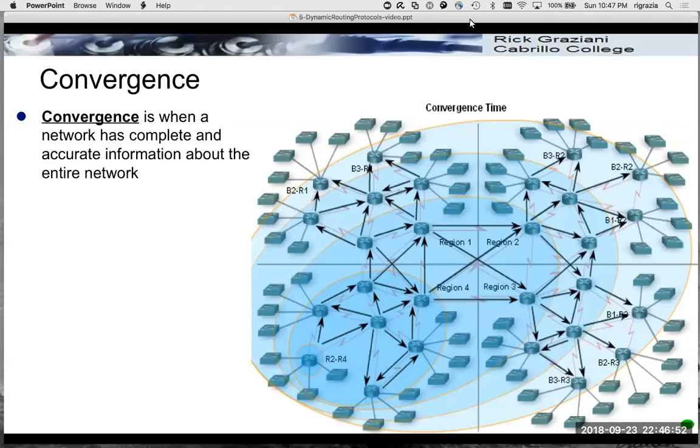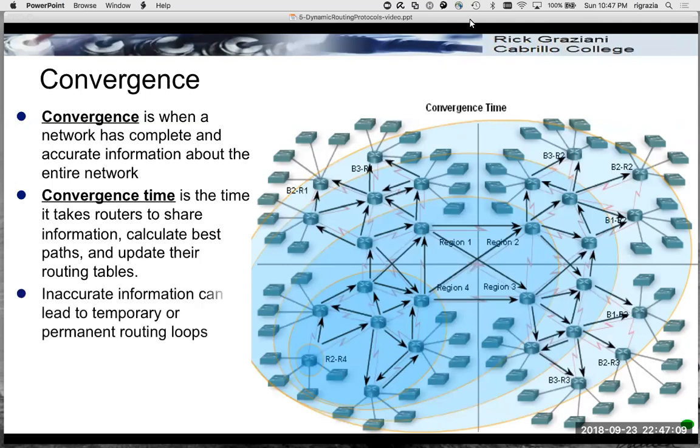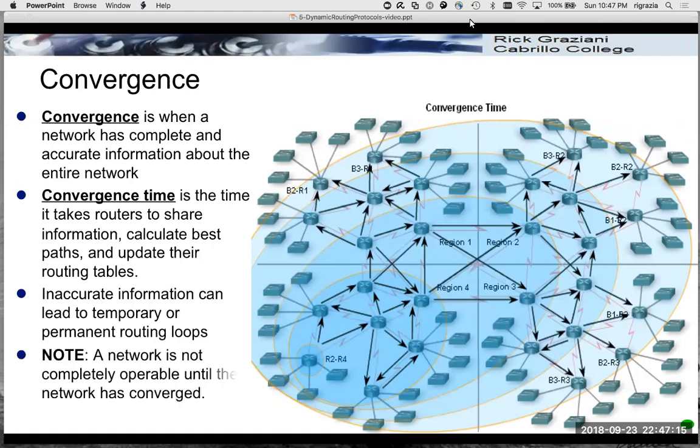Okay, convergence. Convergence is when all the routers in the network have complete and accurate information about the entire network. Convergence time is how long it takes routers to share this information when there is some sort of topology change, because inaccurate information can lead to temporary, even permanent routing loops. Okay?